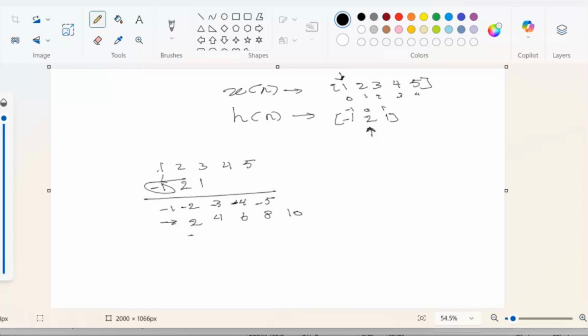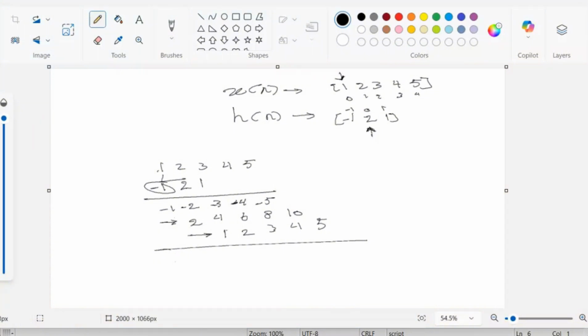And the same thing for the next one. We slide once, one sample, and we multiply 1 by each individual sample. So we have 1, 2, 3, 4, 5, and now we simply add them together.